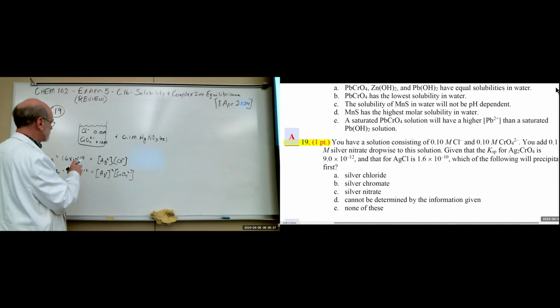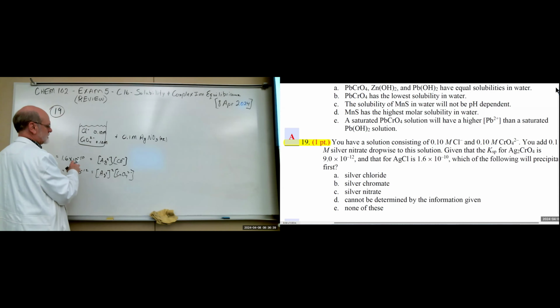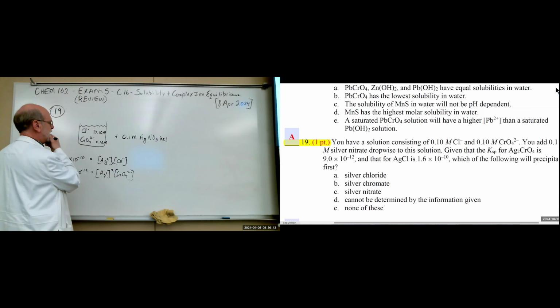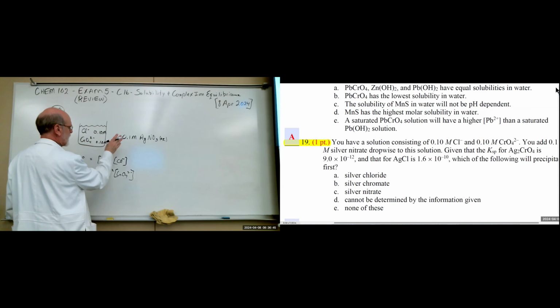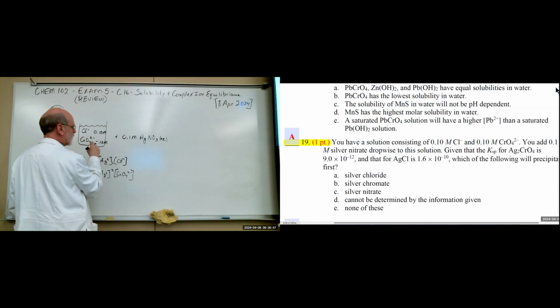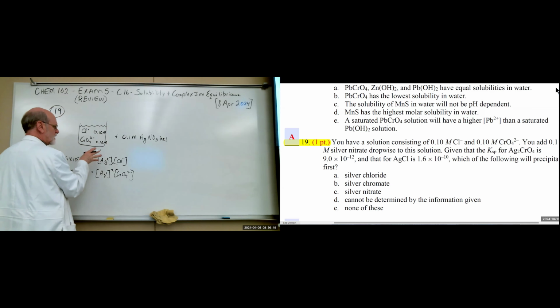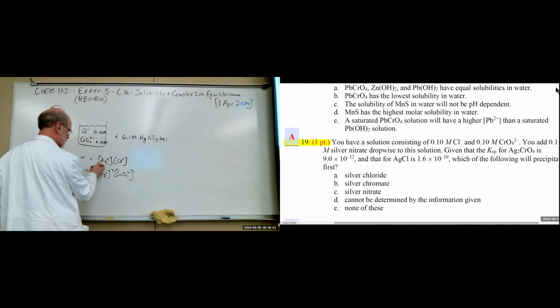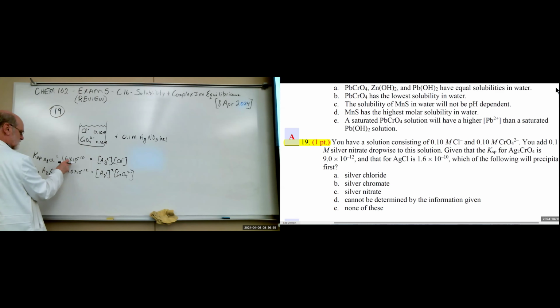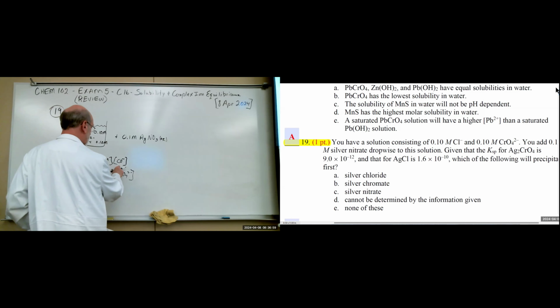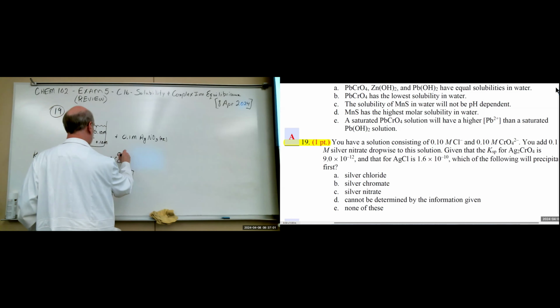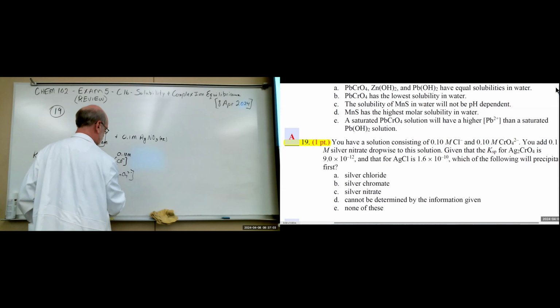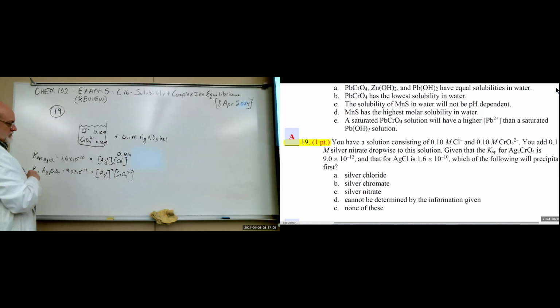I'll be sure I'm not barking up the wrong tree. We're adding this dropwise. So at what point is the silver concentration in this one sufficient to exceed that value? So if we look at chloride, we can put 0.1 molar here and solve for silver.